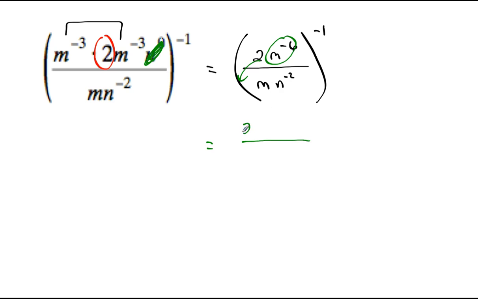So my 2 is going to stay. And if I bring this m to the negative 6 down here as m to the positive 6, then I get m to the 6th and m to the 1st, which is m to the 7th. And then this negative 2 should come up in my denominator as a positive 2. And is there anything that simplifies with?